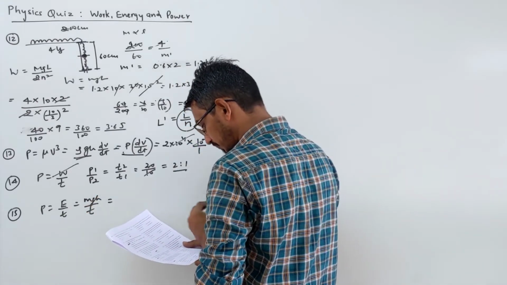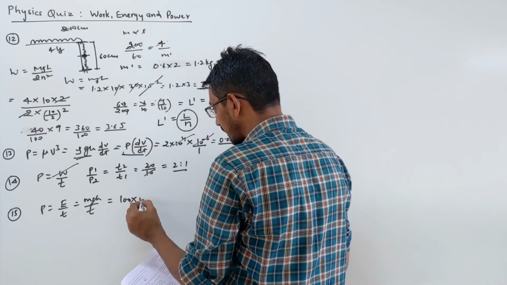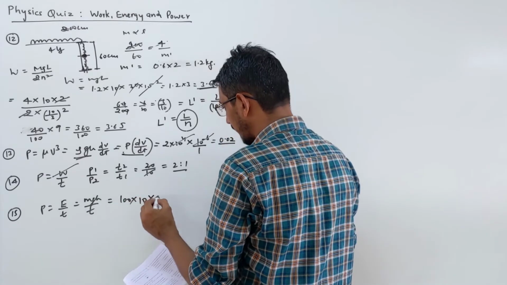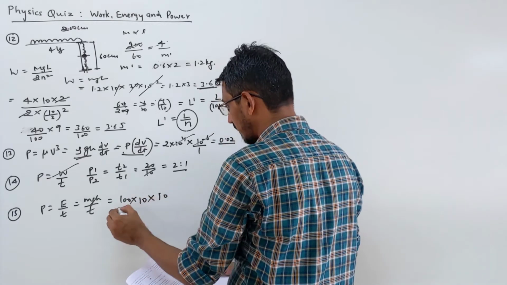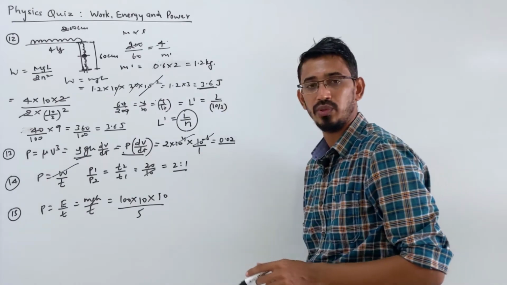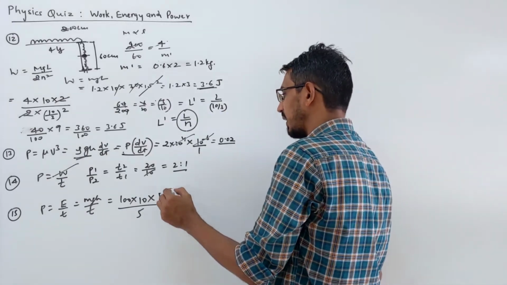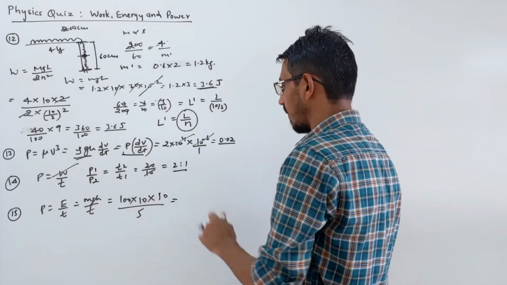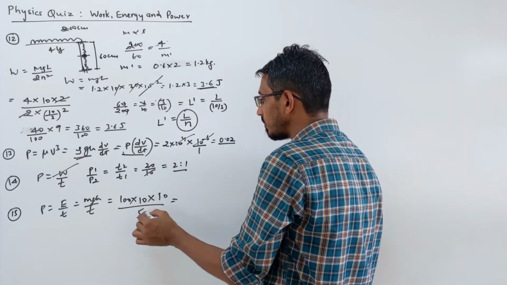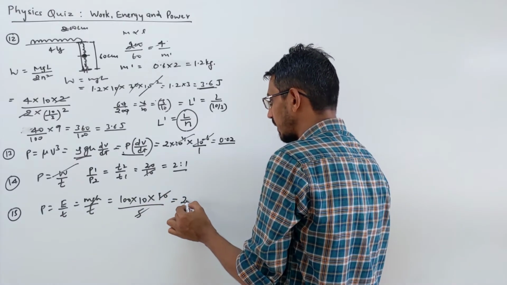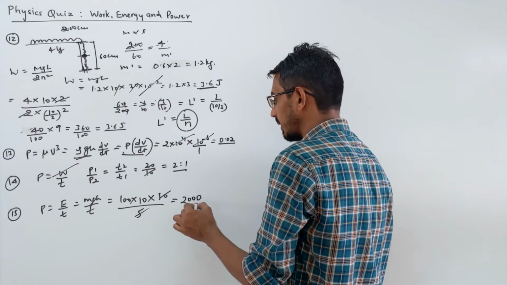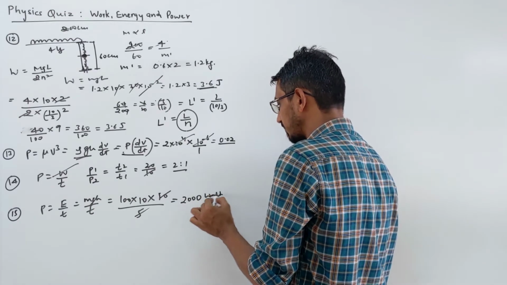M is 100 kg, g is 10, height is 10 meter, in a time of 5 seconds. This is the power you really need to do that work. So this becomes 2000 watt, right?